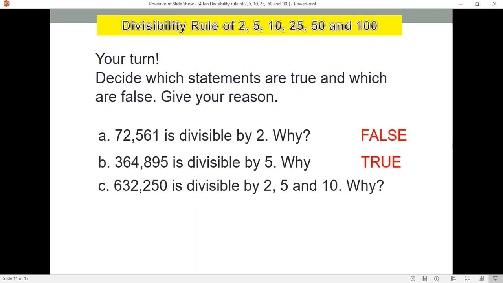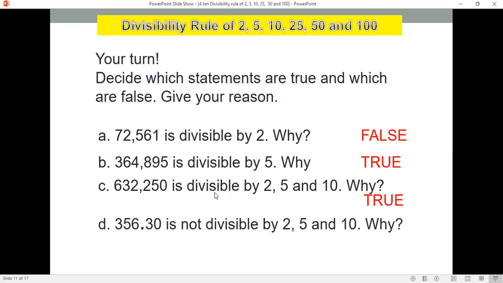Letter C. Is this number divisible by 2, 5, and 10? Why? It is yes, it is divisible by 2, 5, and 10 because the number is an even number, the number ends with 0 for divisible by 5, and the number ends with 0 for divisible by 10. Then yes, it is divisible by 2, 5, and 10.